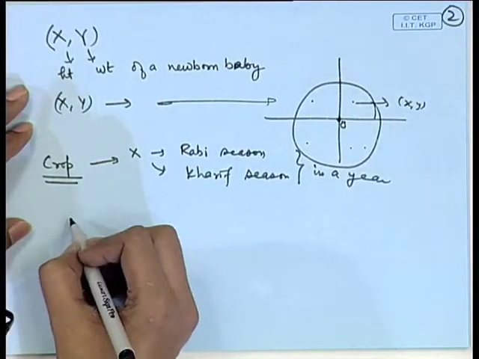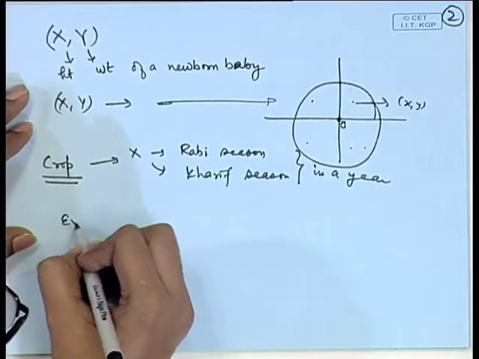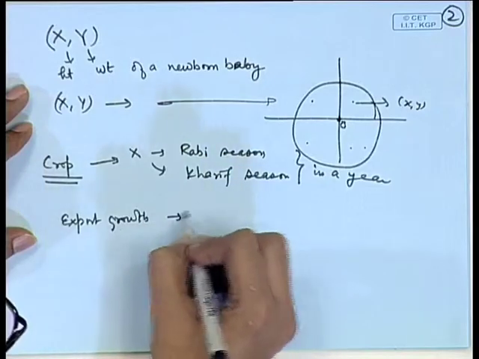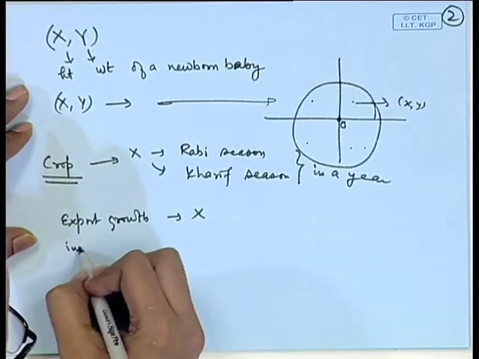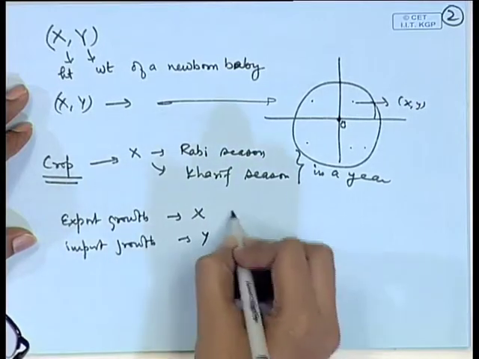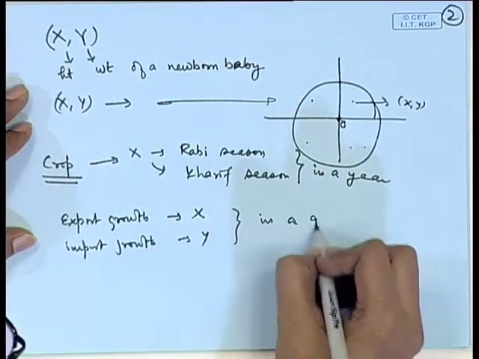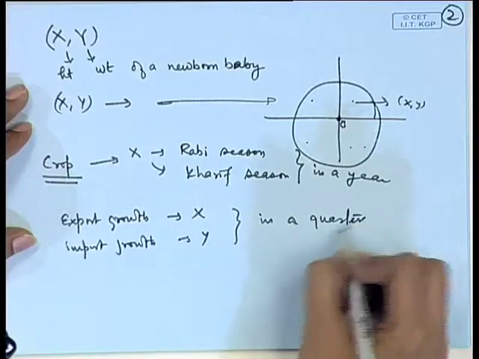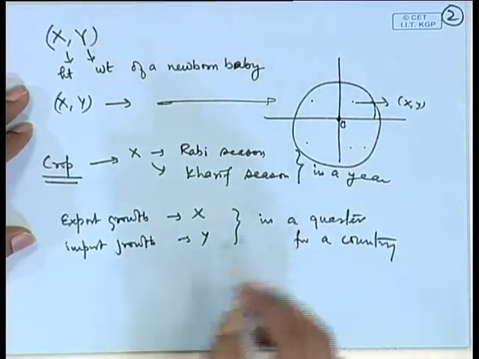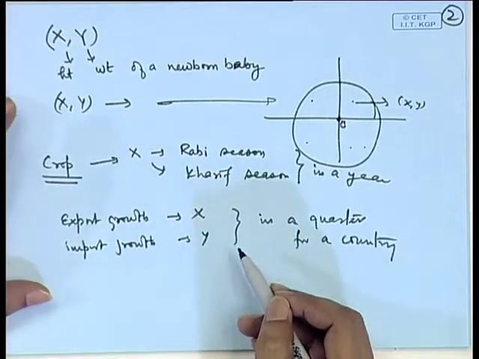We may consider, say, export growth x and import growth y in a quarter of a year for a country. So, these are all examples of jointly distributed random variables.